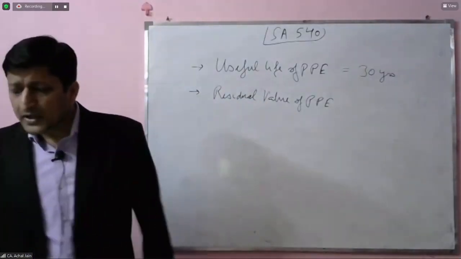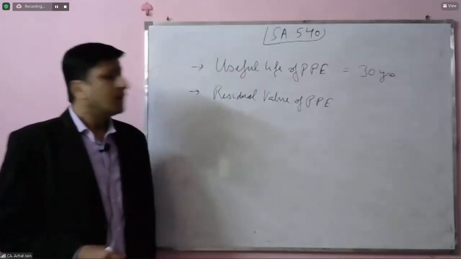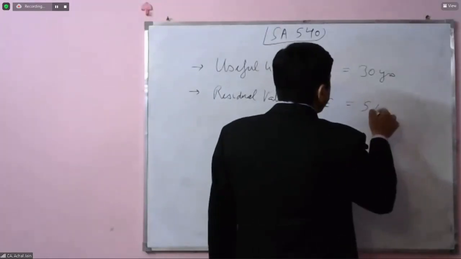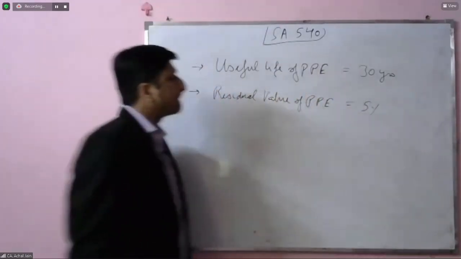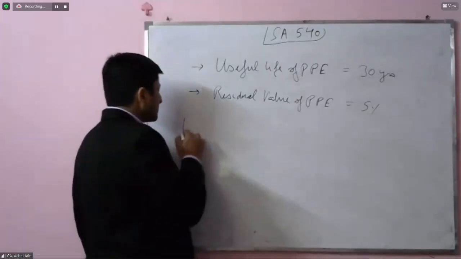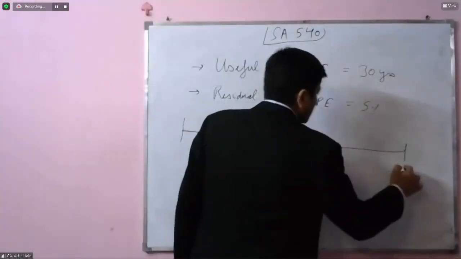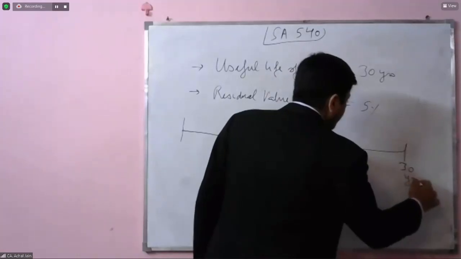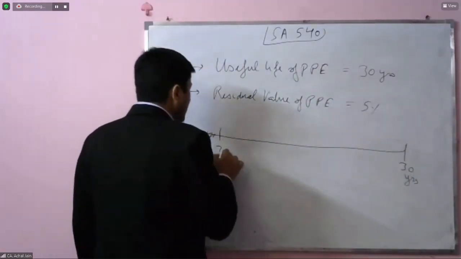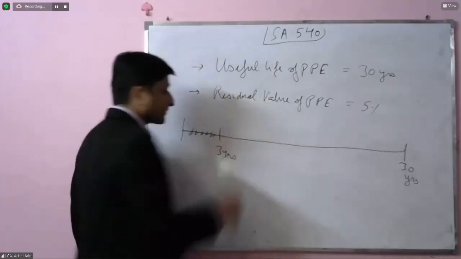Now let's try to understand the impact assessment. Say in the first 3 years, the management kept the life of the building to be 3 years.